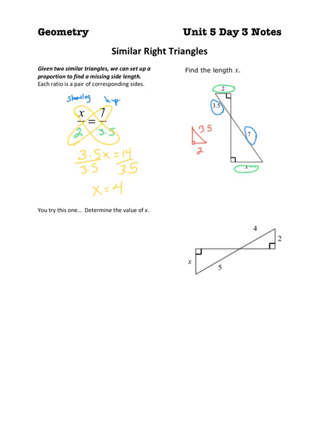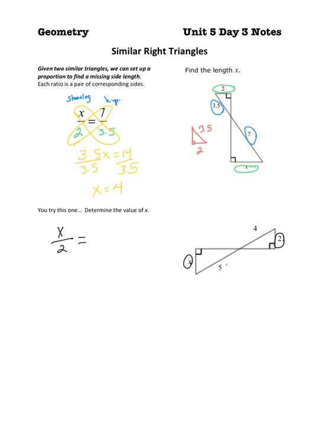All right. So let's try another one. I'm going to determine the value of x. So there's x, and corresponding sides, it corresponds to 2. And let's do the hypotenuse, because the hypotenuse is really obvious. We can always tell which one is the hypotenuse. Okay?